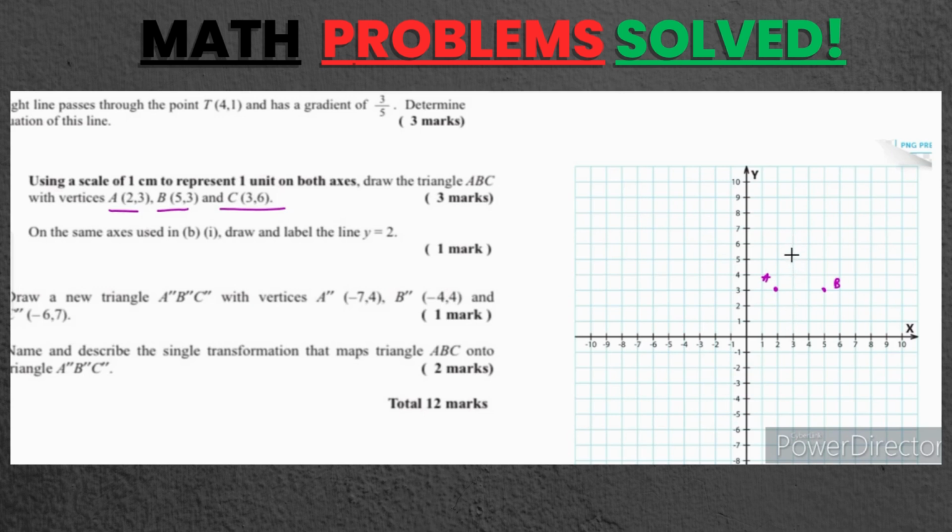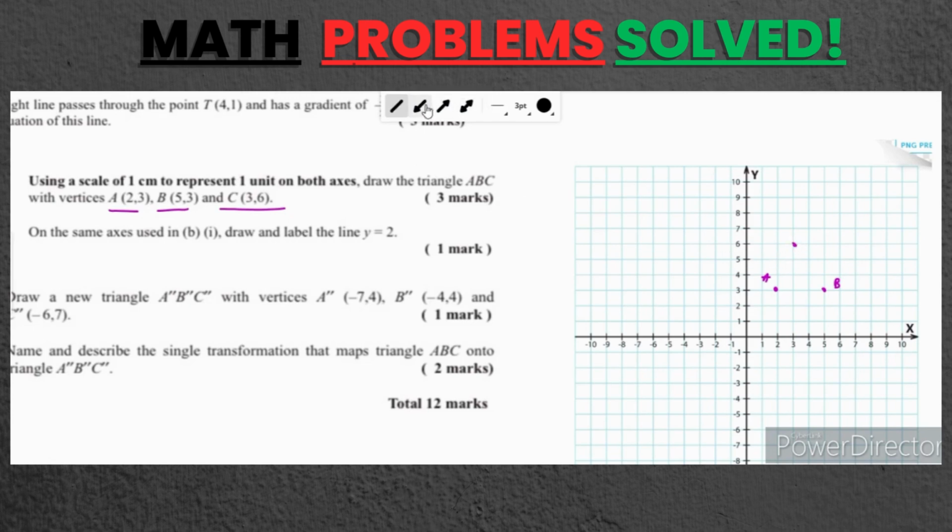Again, point A is (2, 3), so the x coordinate is 2 and the y coordinate is 3. I mark point A here. And point B, the x coordinate is 5 and the y coordinate is 3. I marked it here. Then for point C, the x coordinate is 3 but the y coordinate is 6, right?